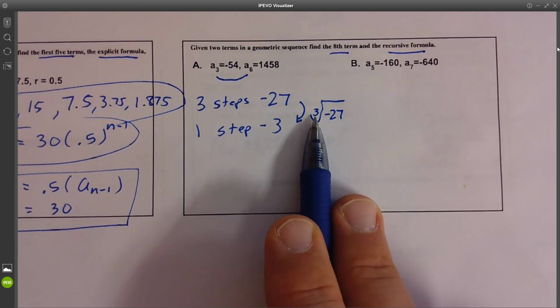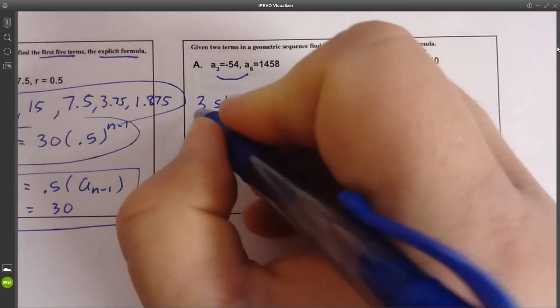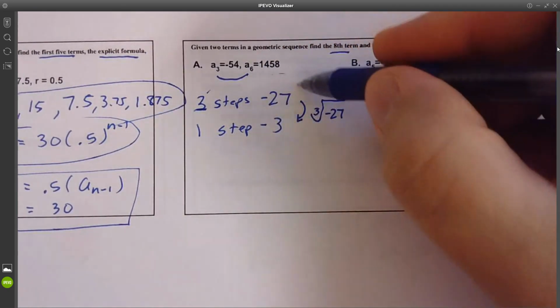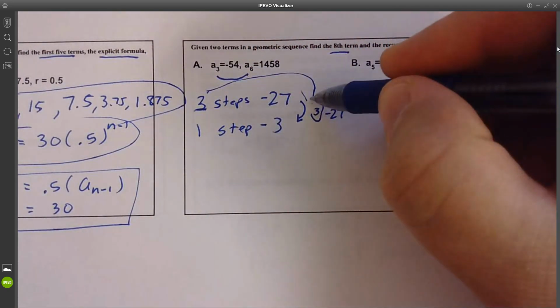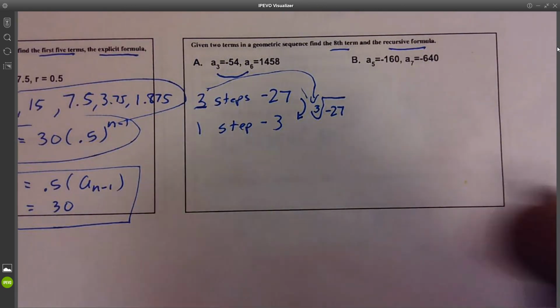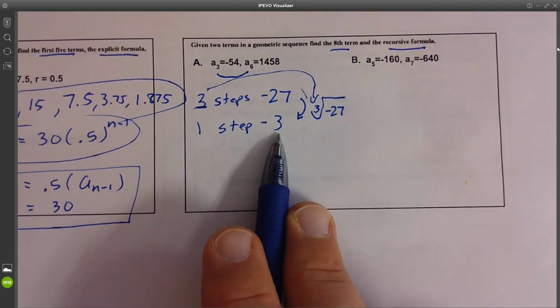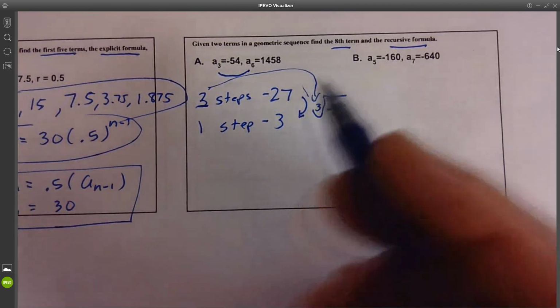Allard or Allman. Okay. So this 3, just so we're clear, is this 3 right here. So if it was 6 steps, I would have done the 6th root and so forth. So that means now I can figure out the 8th one, and I can also figure out the recursive.